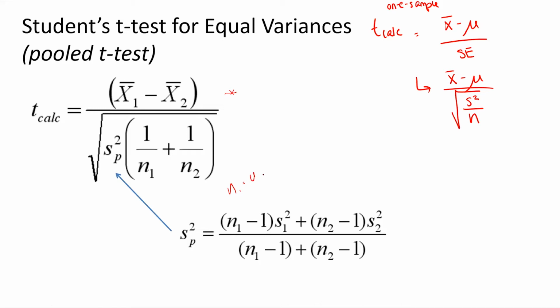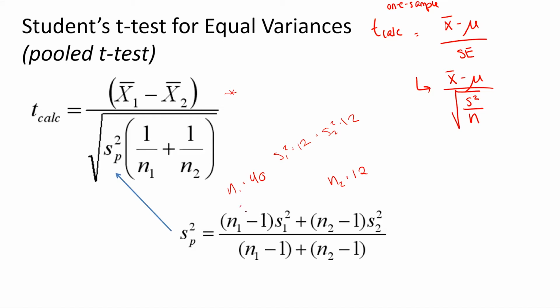So if N1 is equal to 40 and N2, our sample size for the second one, is 12, and the variances are equal, so S1 squared is equal to maybe 12, which is also equal to S2 squared. Those are also equal to 12. So our variances are the same thing, right?